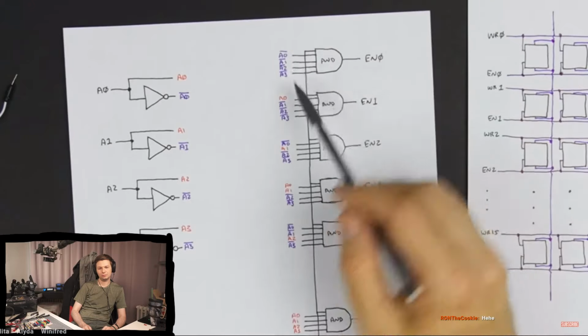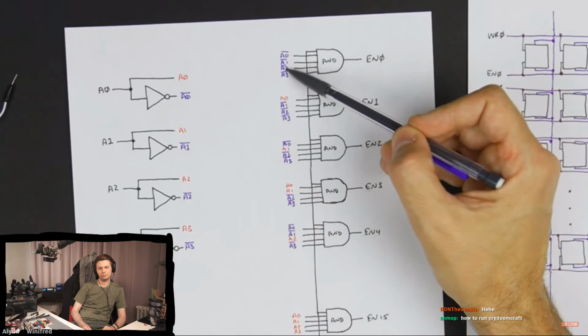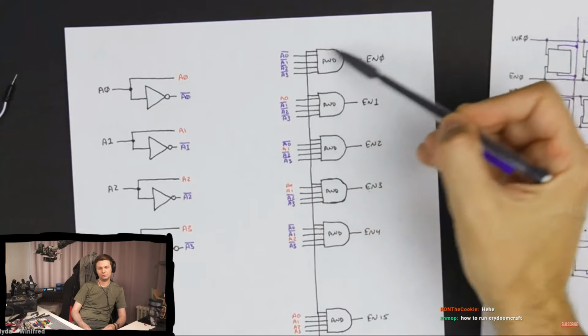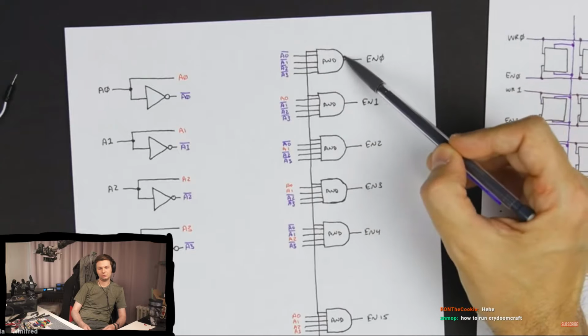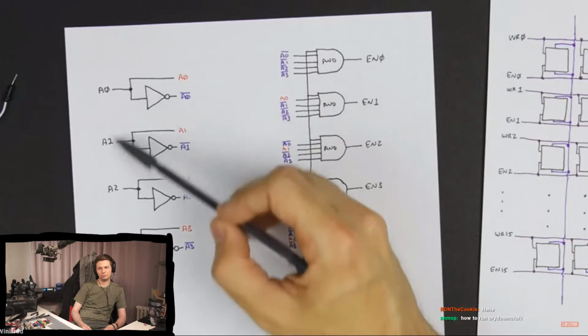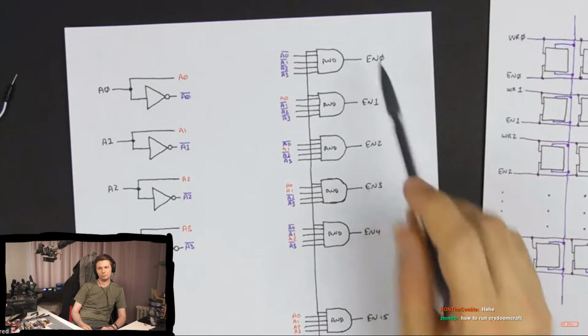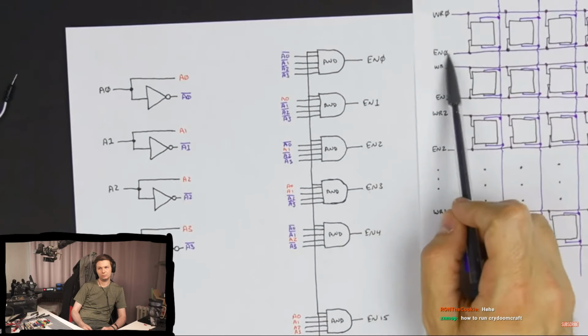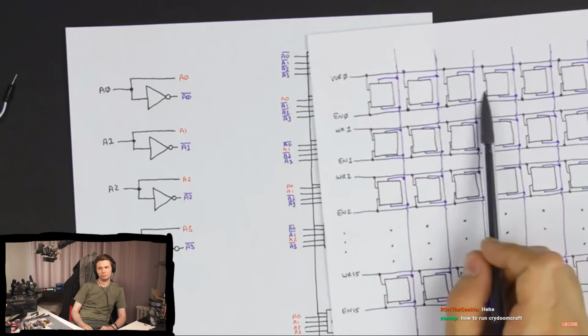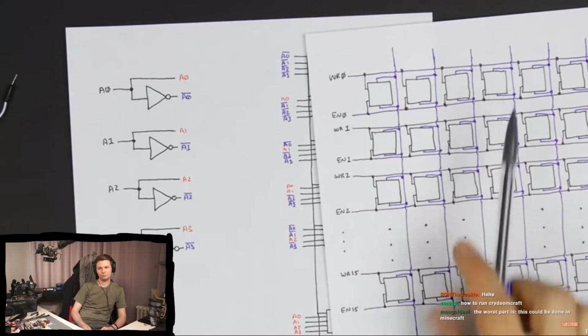If we AND together the inverses of A0, A1, A2, and A3, this AND gate will only turn on if all of these addresses are 0. So if it's 0, 0, 0, 0, then this AND gate turns on and our enable 0 comes on. That would enable this first row in our memory.